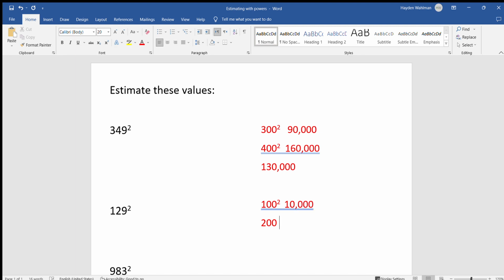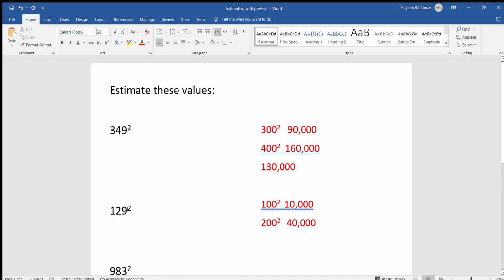And what's 200 squared? Well, that's 4 with 4 zeros at the end, okay? So that's our lower boundary and that's our upper boundary, between 10,000 and 40,000, okay?